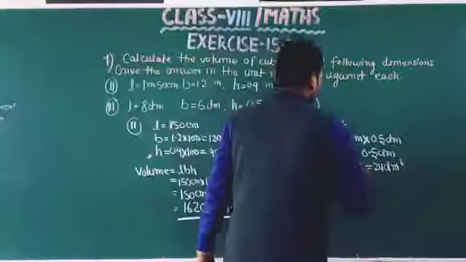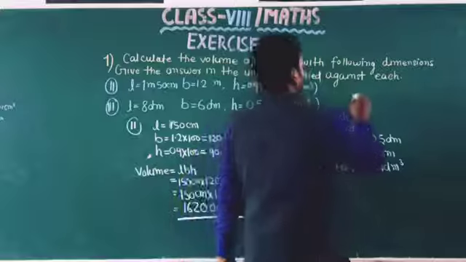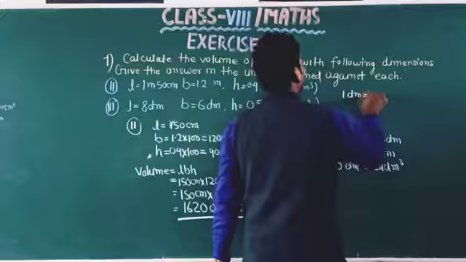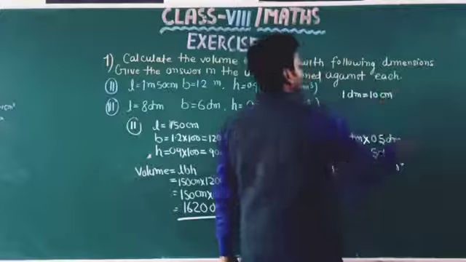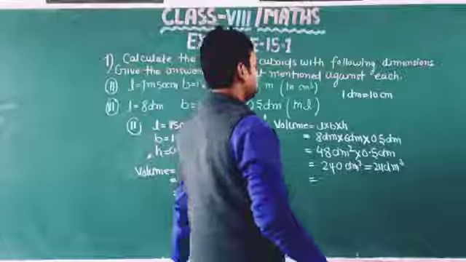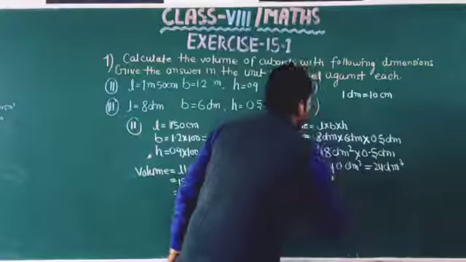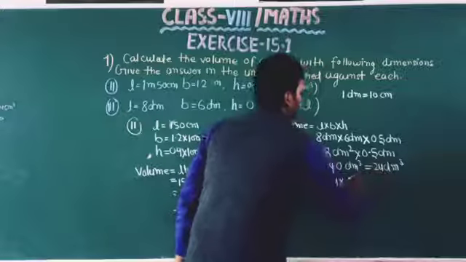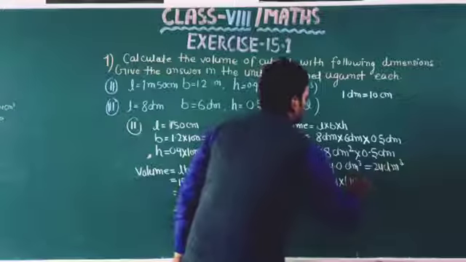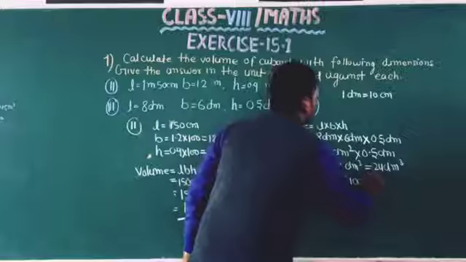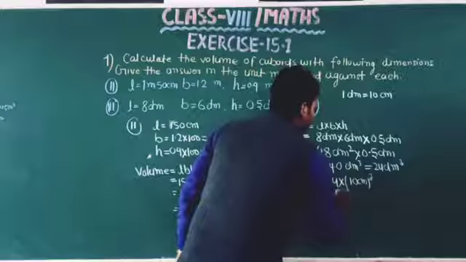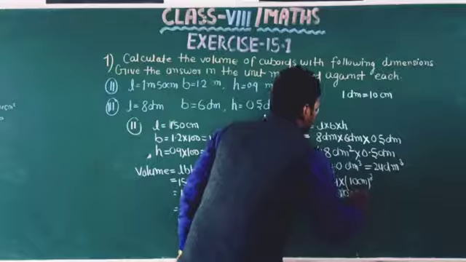So as we know, 1 decimeter equals 10 centimeter. So therefore 24 decimeter cube, we need to multiply by 10 centimeter cube, equal to 24 into 1000, which is 24,000 centimeter cube.